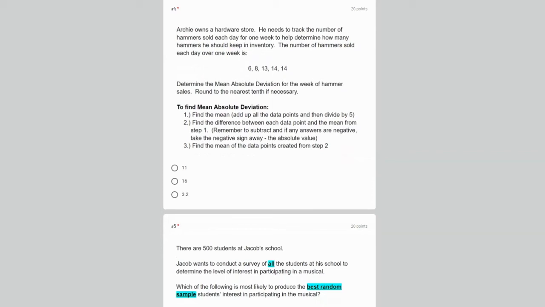To find mean absolute deviation, find the mean by adding up all the data points and then dividing the answer by 5. Find the difference between each data point and the mean that you found from step 1. Remember, you are subtracting, and if any of the answers are negative, take the negative sign away.